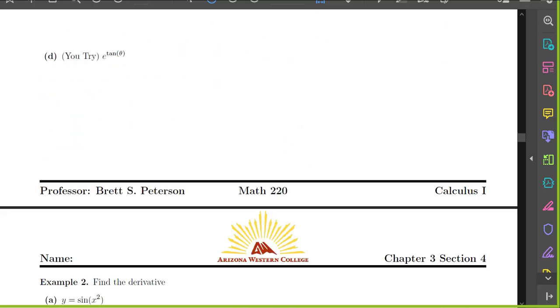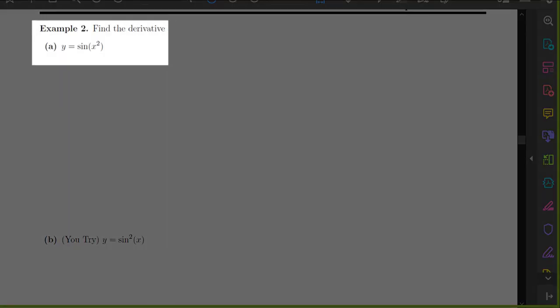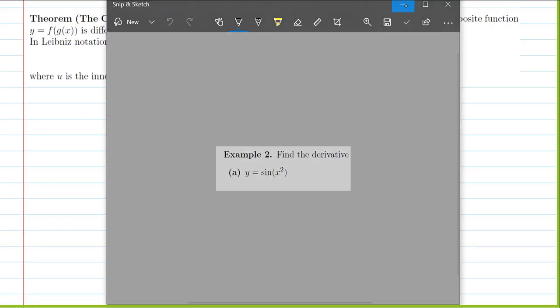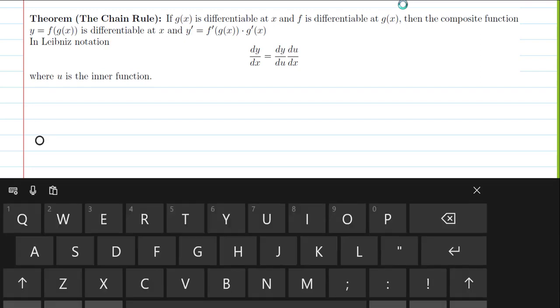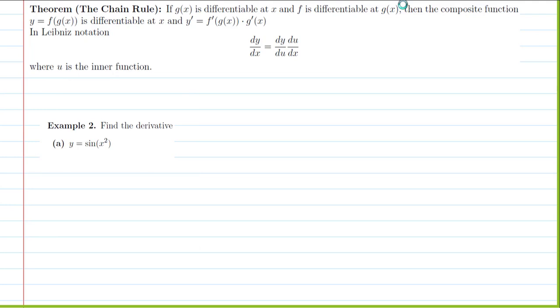Let's go ahead and take a look at example 2. First thing to note, all of the examples for example 2 are the same things we did in example 1. So we already know what f and g are.